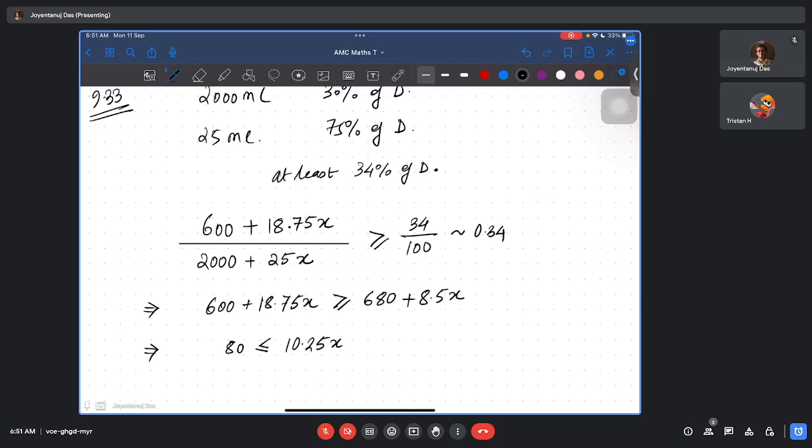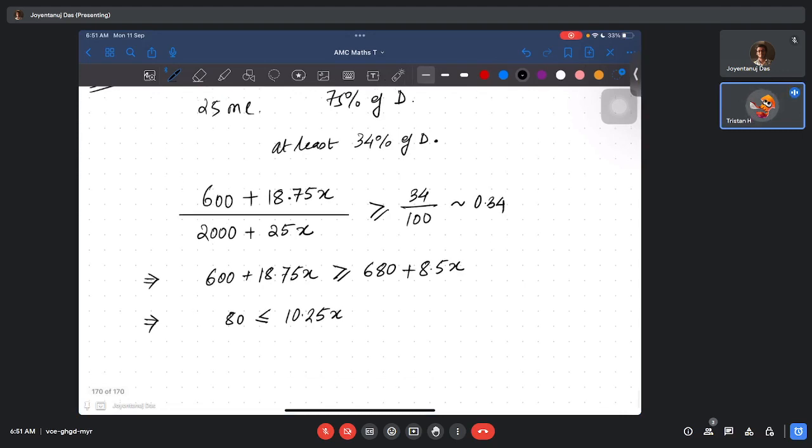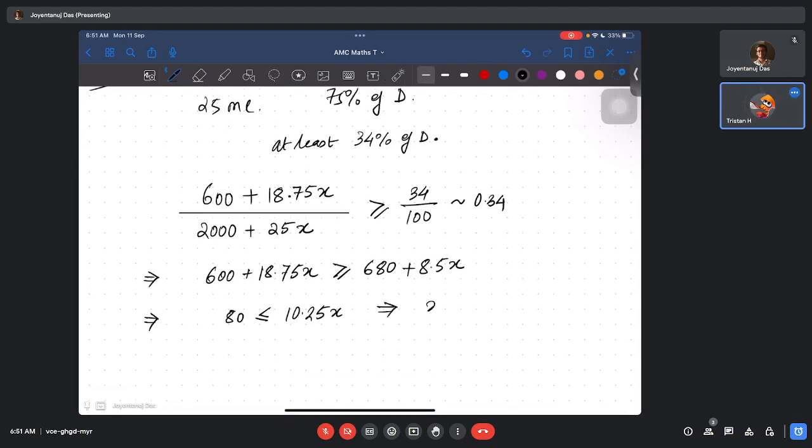And then I just took 80 over 10.25 and I got x greater than or equal to 7 point some decimal, I think around 7.8.